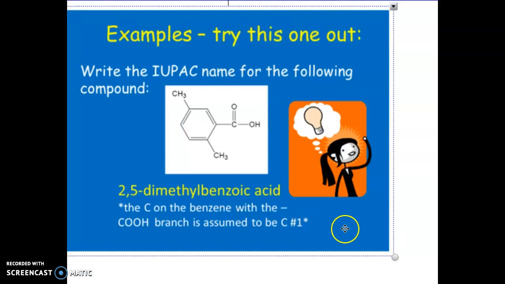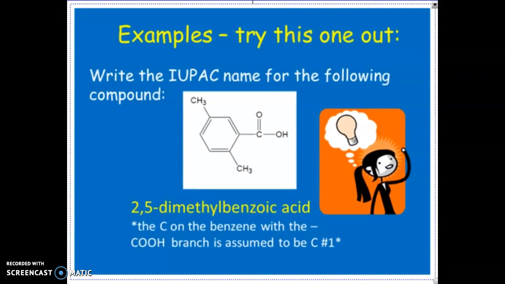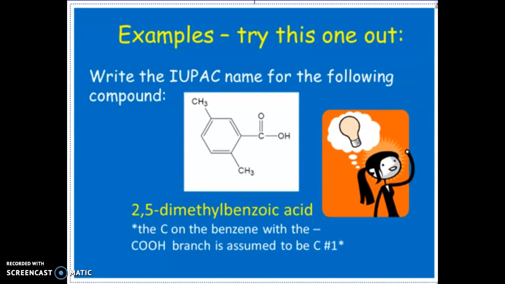Okay, so hopefully you got, let me make this a bit bigger here for us, 2,5-dimethyl benzoic acid. So remember, we don't need a number for where that carboxyl group is. So we have here carbon 1, and then we still want to go in the direction that will give us the lowest numbers for our branches.